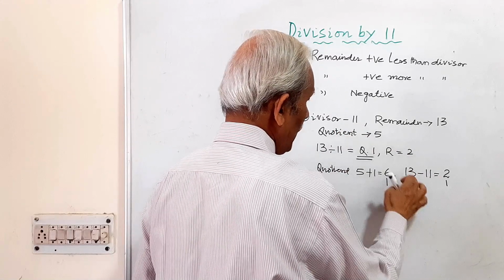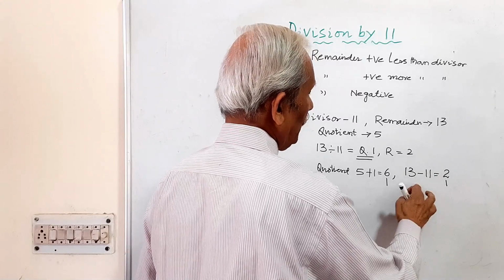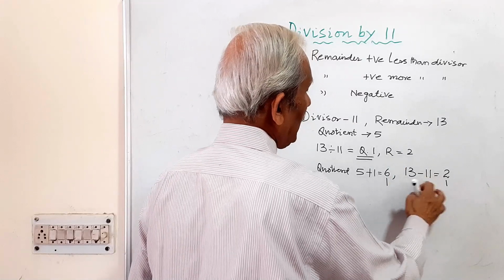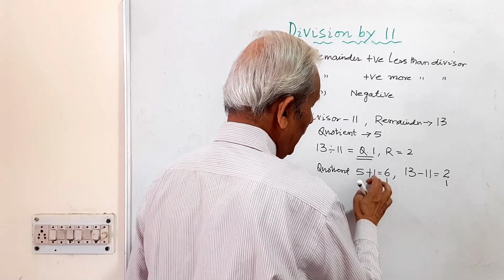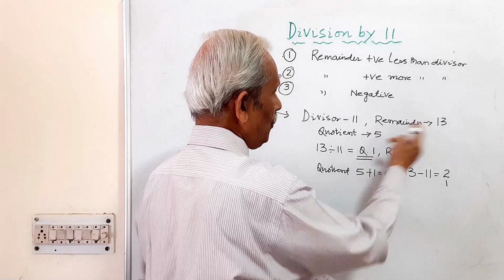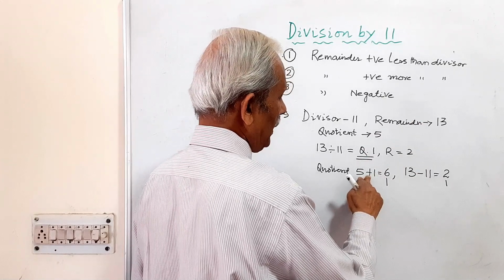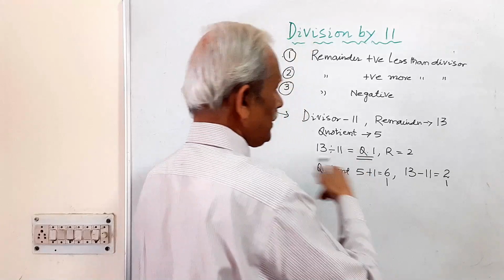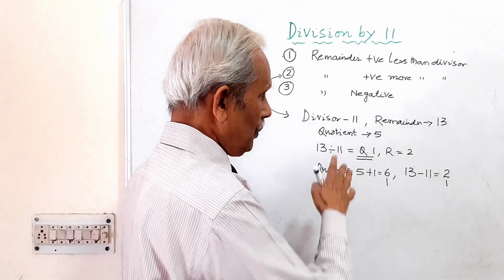If it goes 2 times, you will divide by 11 into 22, you will reduce it by 22. If it goes 3 times, you will reduce it by 33. And here similarly we will increase as many times as it goes. It has gone 1 time, we have added 1. If it goes 2 times, we will add 2, 3 like this. That is the way. We'll see an example where you will understand this thing, but just follow this process.